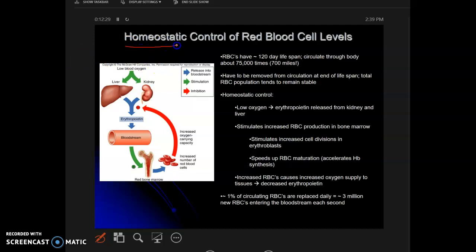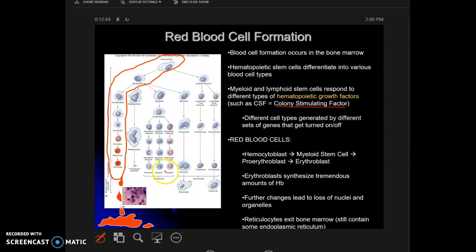So what's the homeostatic control? Whenever there is low oxygen being delivered to the tissues, the liver and kidney will produce a hormone, and this is called erythropoietin. Erythropoietin will stimulate what? It will stimulate more and more of hemocytoblast to form erythrocyte.